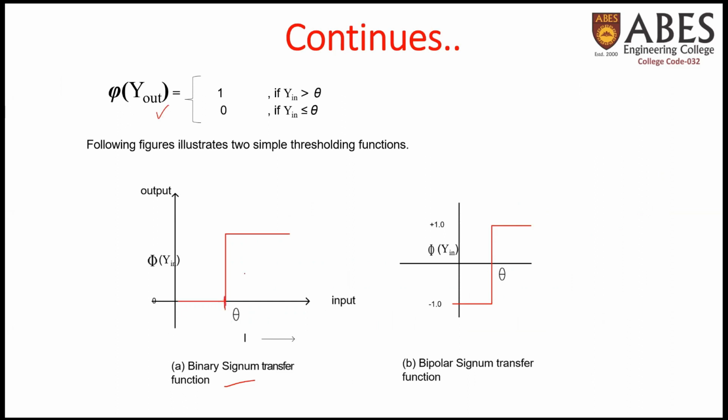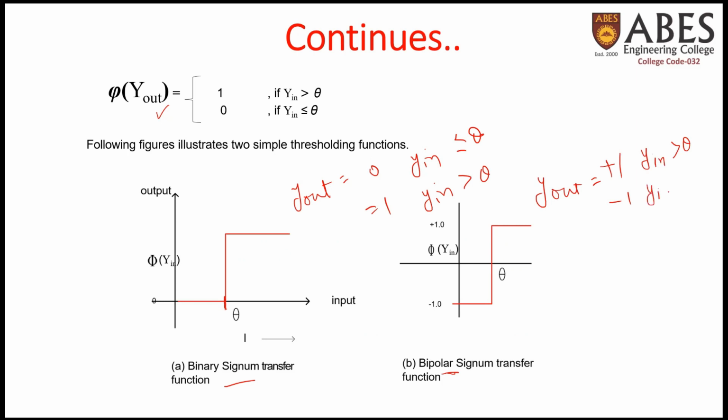Threshold is some spike that is generated over here. So the value of y out equals 0 if yn is less than or equal to theta, or 1 if yn is greater than theta. If this is a bipolar signum function, here we apply the bipolar signum transfer function, then the value of y out equals +1 if yn is greater than theta, and -1 if yn is less than or equal to theta.